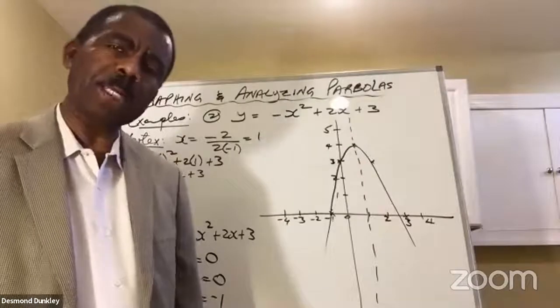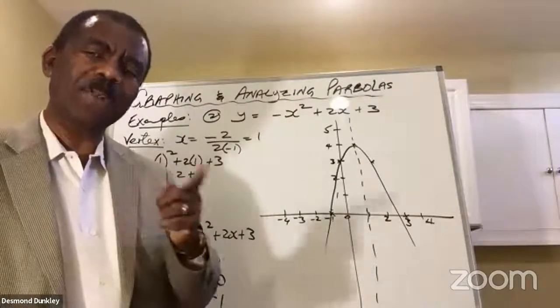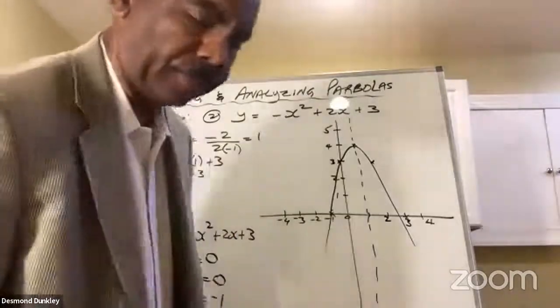So now you know how to graph using your standard form. What we need to cover now is another form for your parabola. It's called the vertex form. So let's go.